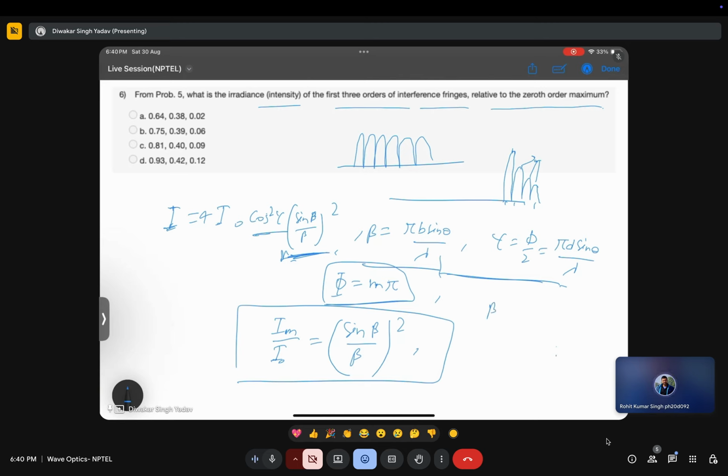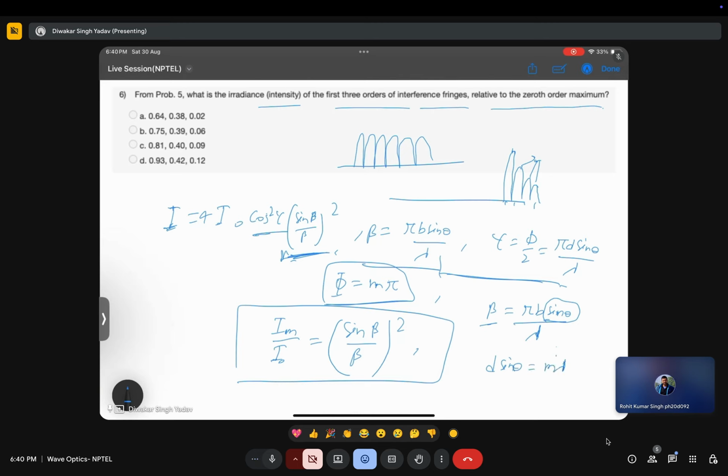Now beta is what? Beta is pi b sine theta by lambda. Now this beta depends on this sine theta. Now what is the sine theta value for interference maximas? So that we get from here, right? d sine theta equal to m lambda.